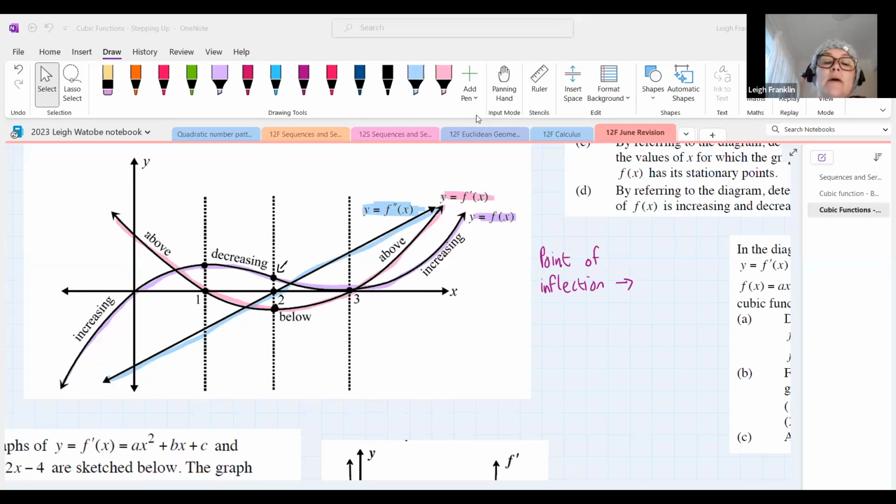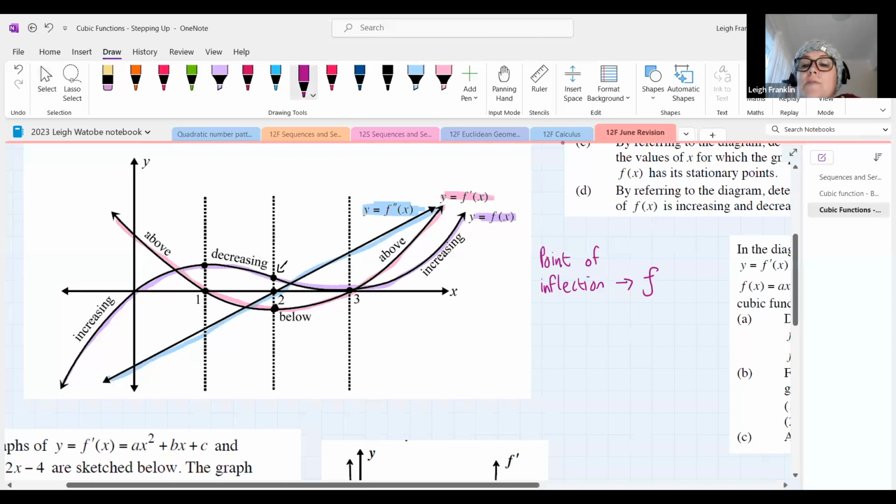No, Nhlanhla. So our min and our max are our turning points, not our point of inflection. What happens at the point of inflection exactly? There's a few things that we can say.